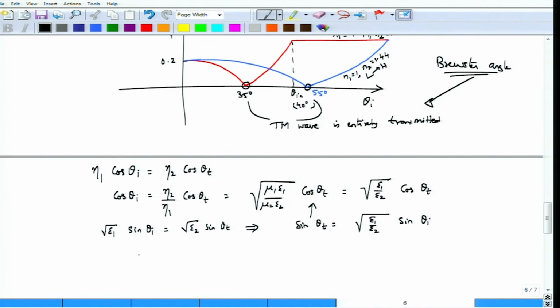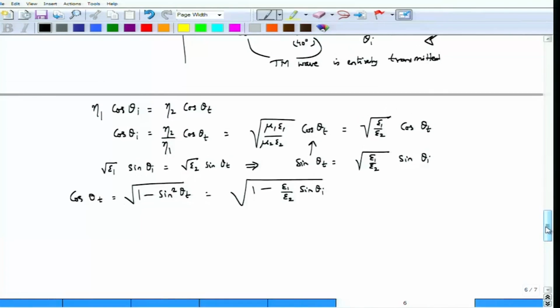So, cos theta t is equal to the square root of 1 minus sine square theta t. So you can write this as square root of 1 minus epsilon 1 by epsilon 2 sin square theta I.